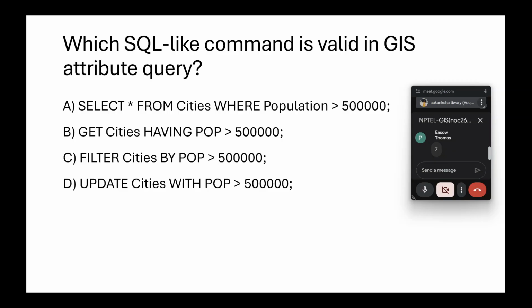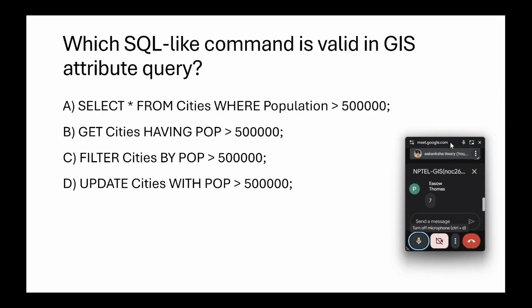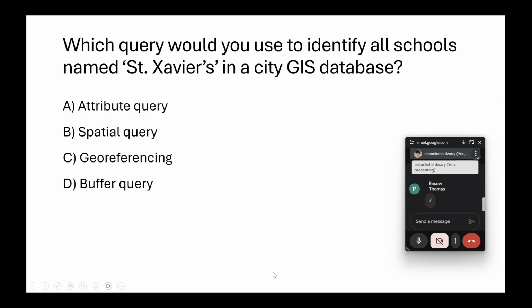Now next is: which SQL-like command is valid in QGIS attribute query? It is going to be the first one. Okay. Select from cities where population is greater than this.